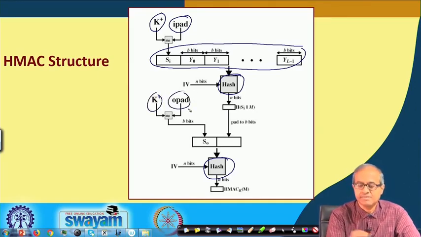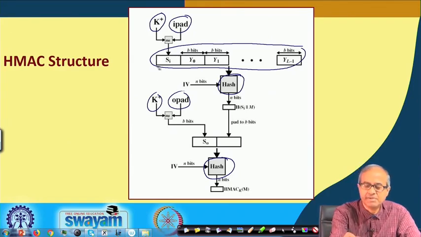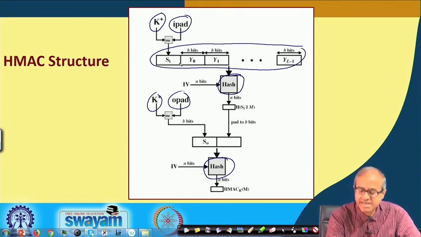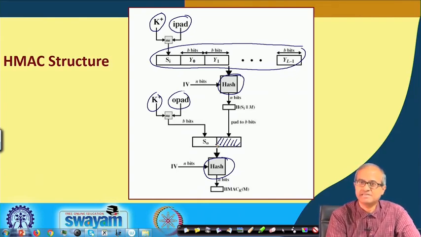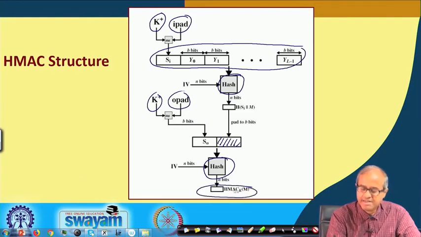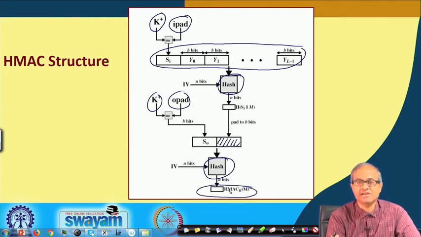In the first step you are talking about the whole message, so the pad is appended only once. In the second step you are talking only about the hash generated in the first step and you add a pad to it, then you apply the second hash. Okay. So, finally, whatever you get, that is your HMAC value, hash based MAC.